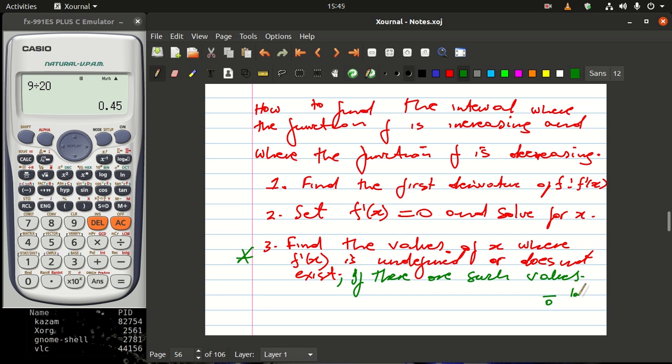Let's say you have log with some base, but inside here you end up getting a 0. You know that log of 0 is undefined. All those things whereby the first derivative is not defined.